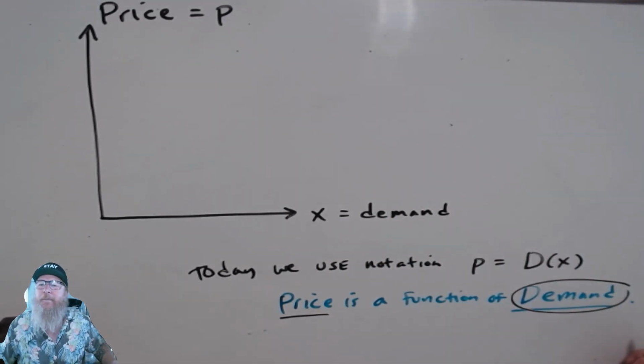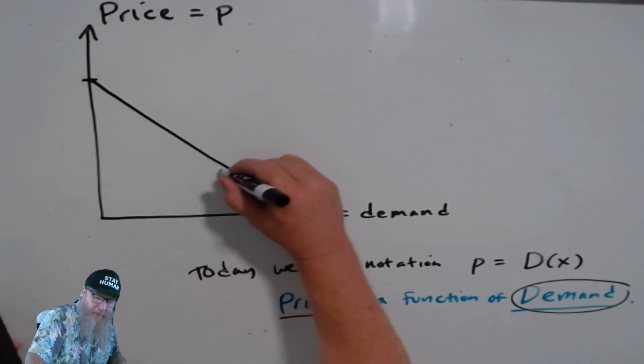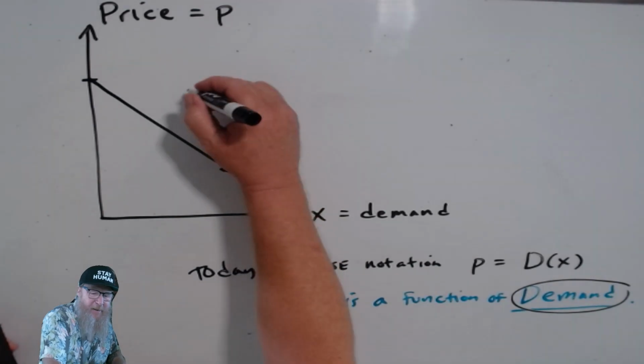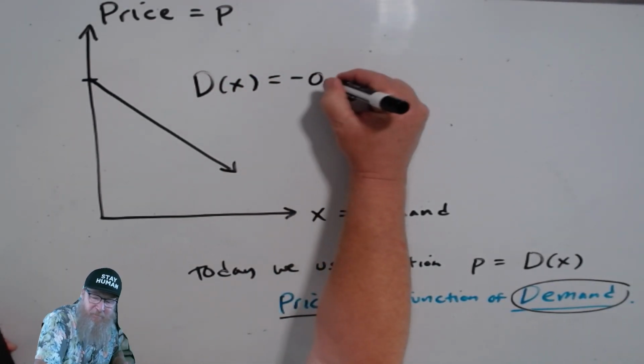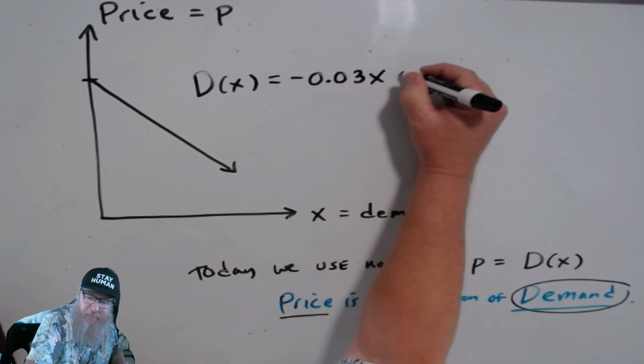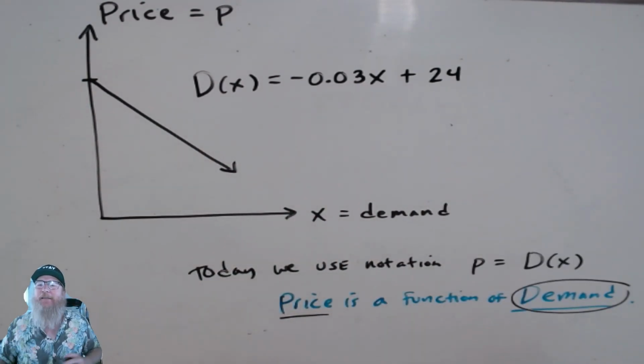And then the line, which we used to call P of X, we're just now calling D of X. And it means exactly the same thing.